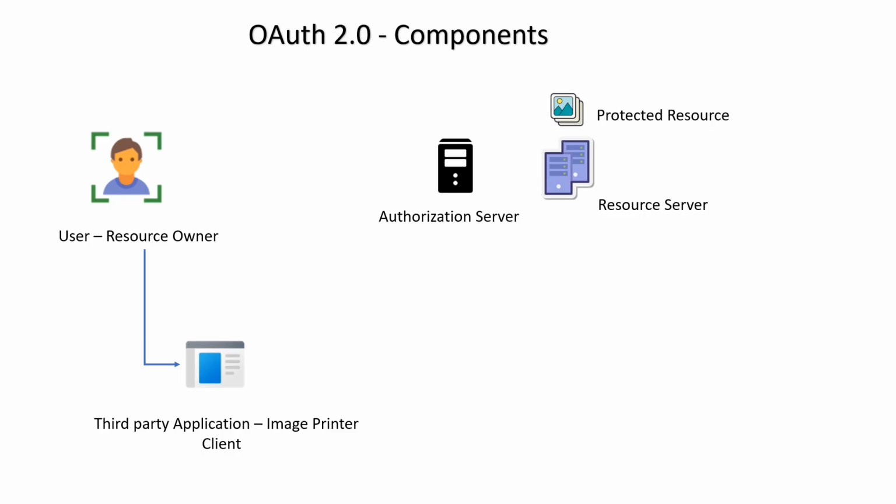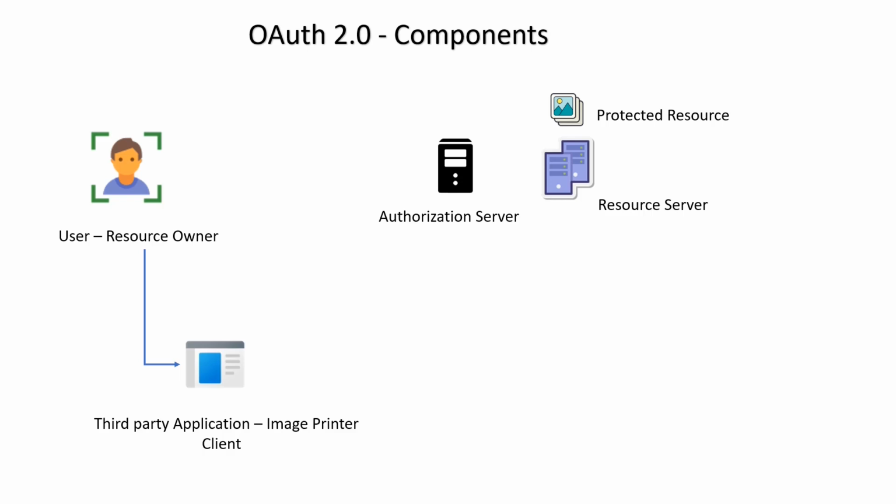So now we have understood the various components which are part of the OAuth 2.0 framework. We have a user who is the resource owner, and the resource is something protected, like the images of a user, which are stored on a resource server.